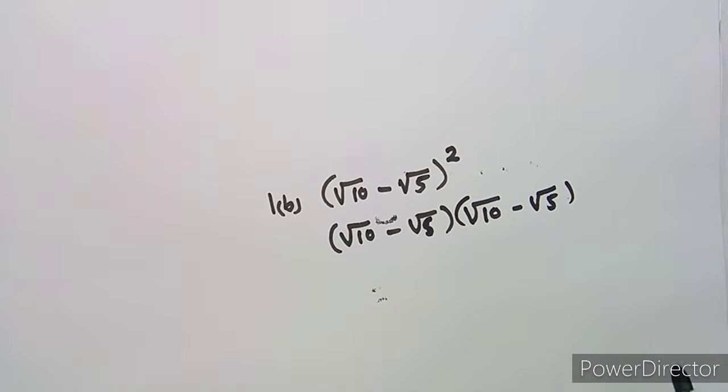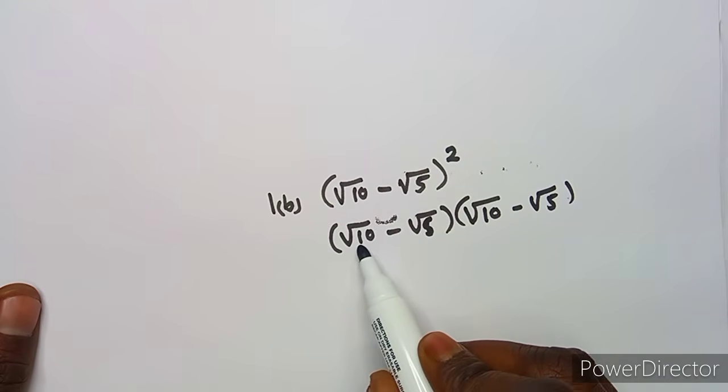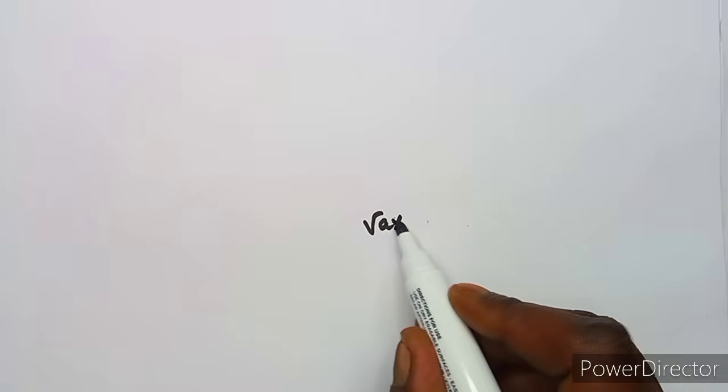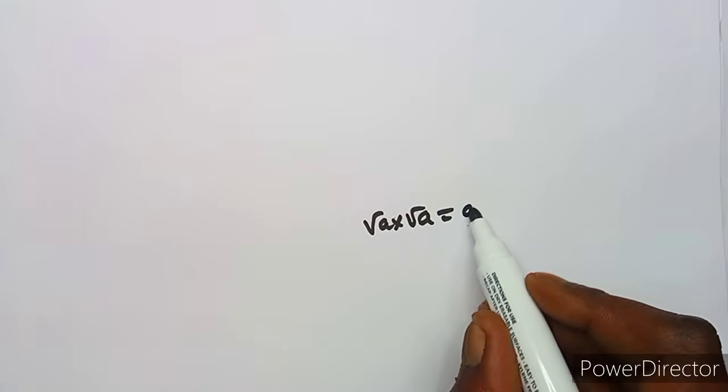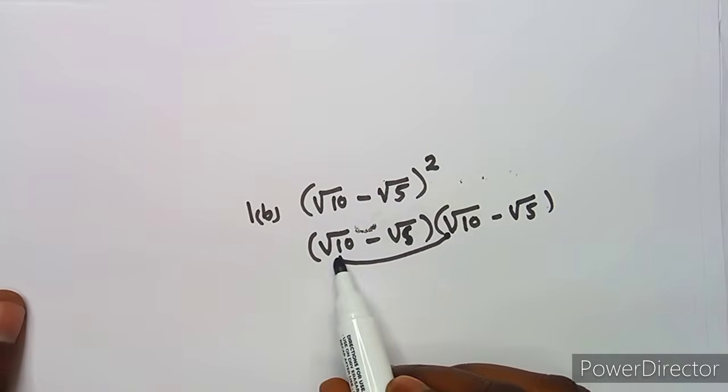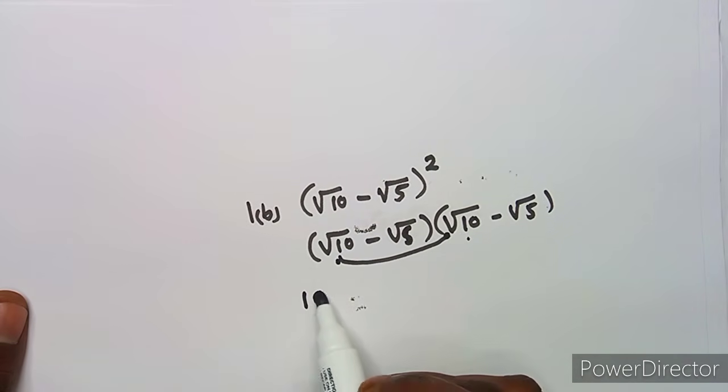We know that square root of a times square root of a gives us a if the two numbers are the same. So square root of 10 times square root of 10 is 10.